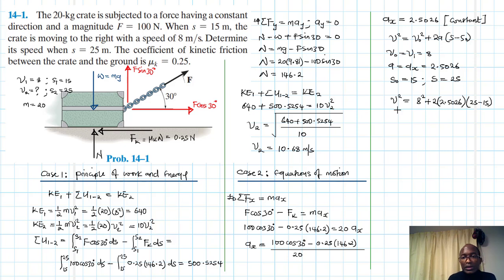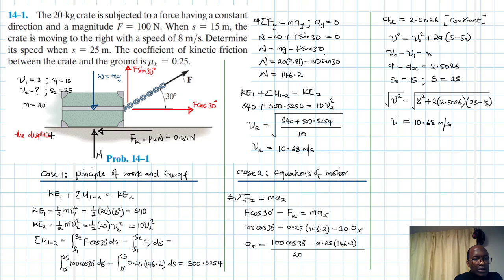You can square root both sides, so finally V is equal to the square root of 8 squared plus 2 by 2.5026 by 10. So this becomes 10.68 meters per second.